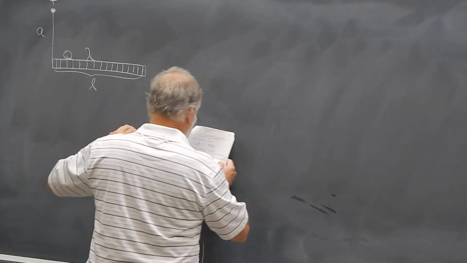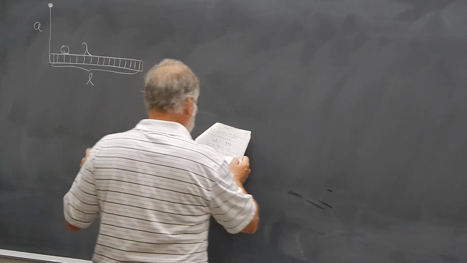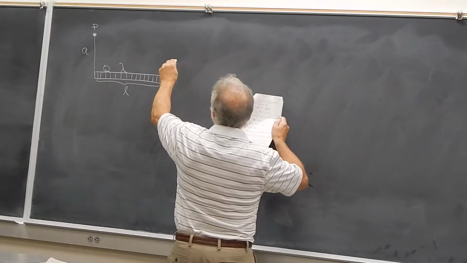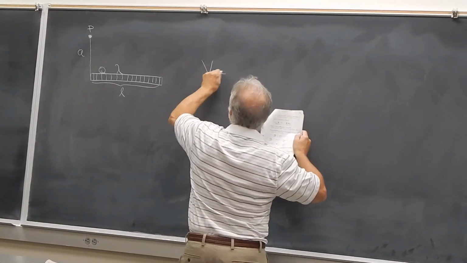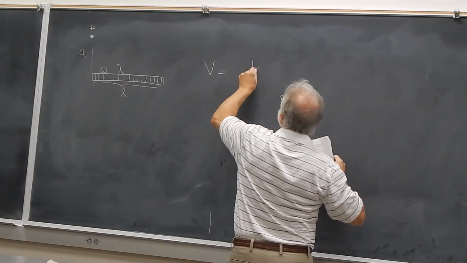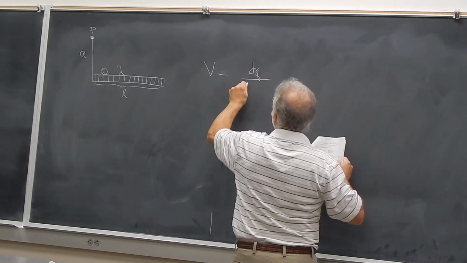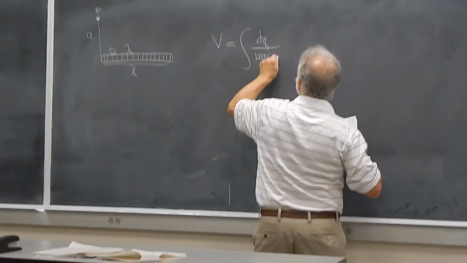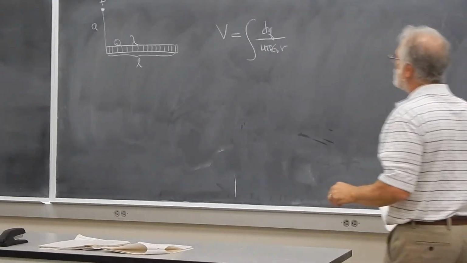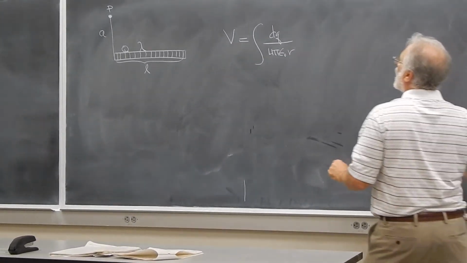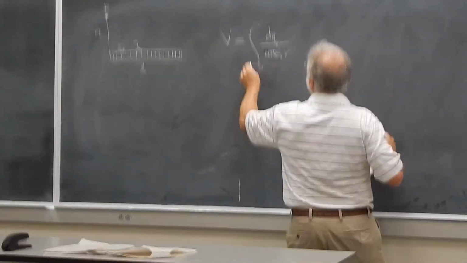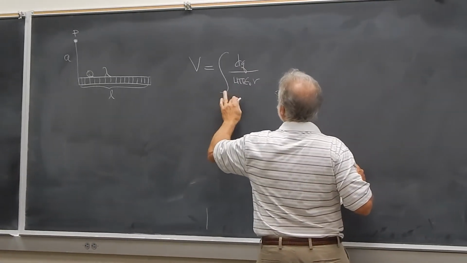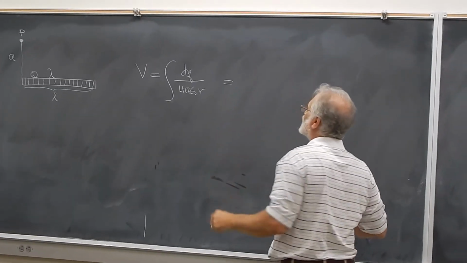So what I'm going to need to do is make my expression dq over 4 pi epsilon naught r, and I'll put the evaluation in later.